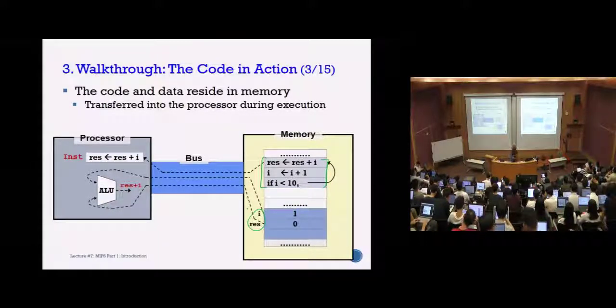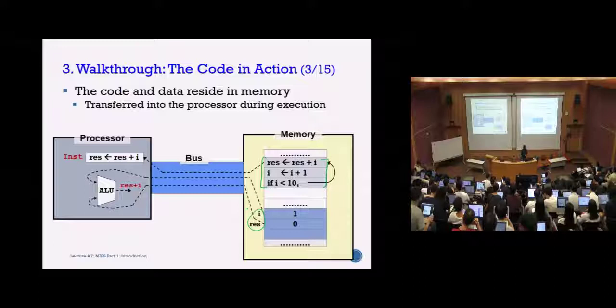If you declare it as a local variable, it goes somewhere else. If you declare it as static, it goes somewhere else. So there are different locations where a variable can be stored depending on how you write the code. These are all the things that you will overlook when you just do high-level code, but when you look at the processor and memory, you need to look at all of these things.